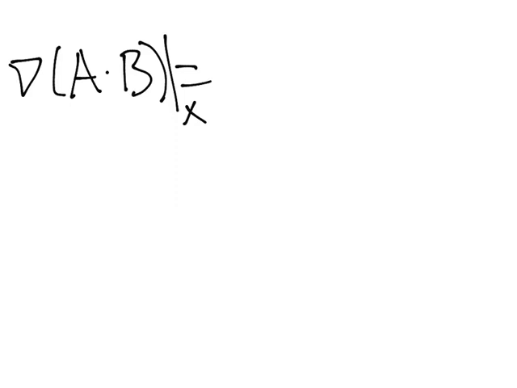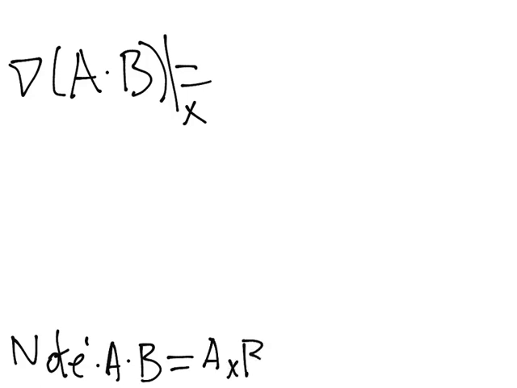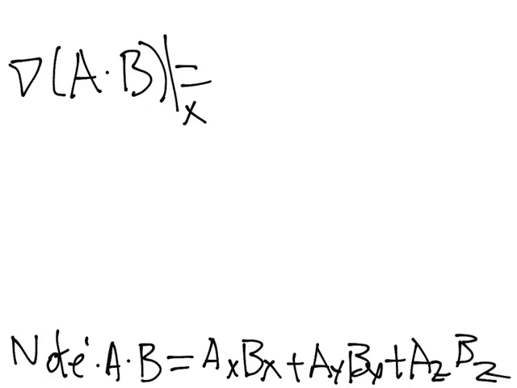So this, as we're going to find out in my notes, as we know, A dot B is equal to, and it doesn't matter because it's a dot product, AX BX plus AY BY plus AZ BZ, right?